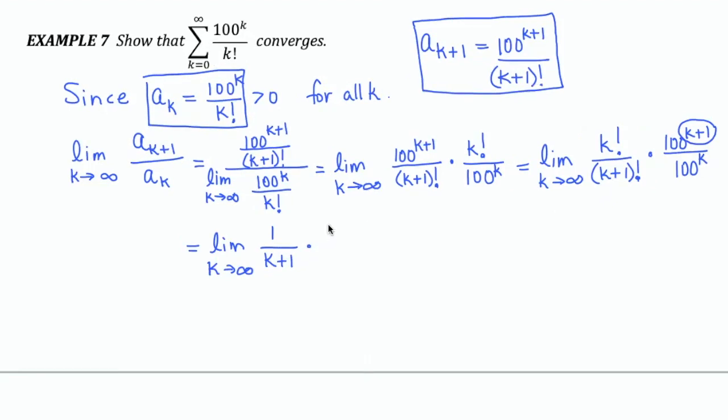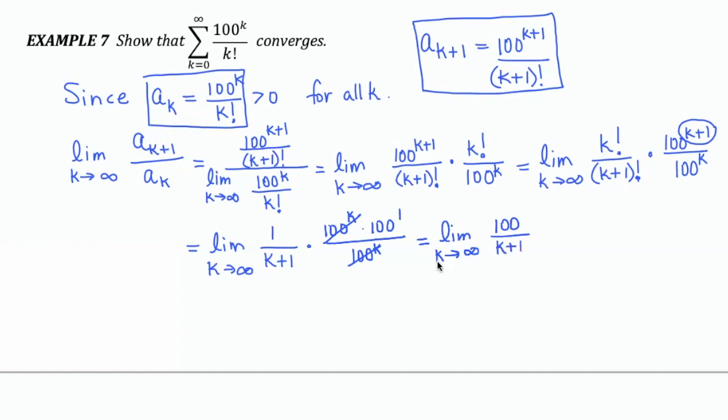And the reason we'd want to do that is we can split it up now into two things that are multiplying each other that have the same base. And you can see I now have a common factor of 100 to the kth power that I can cancel from the numerator and denominator. So my limit is now, I have 100 in the numerator times 1 over k plus 1.